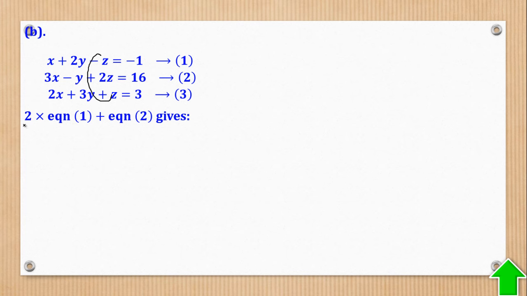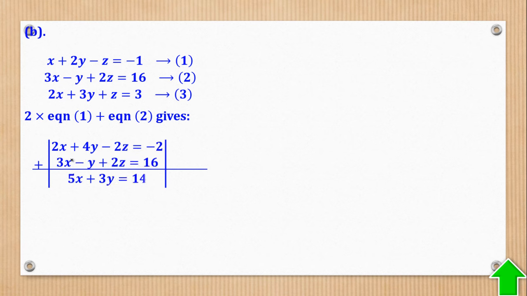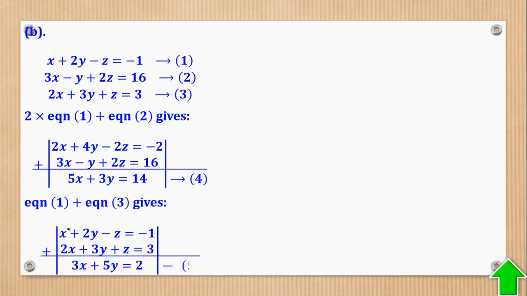So I'm going to say equation 1 times 2 added to equation 2. This is what I'll come up with. Then when I add, this is 5, this is 3, this is 0, and this is 14. Then equation 1 plus equation 3, I'll come up with this. Add, this is 3, this is 5, 0, 2.